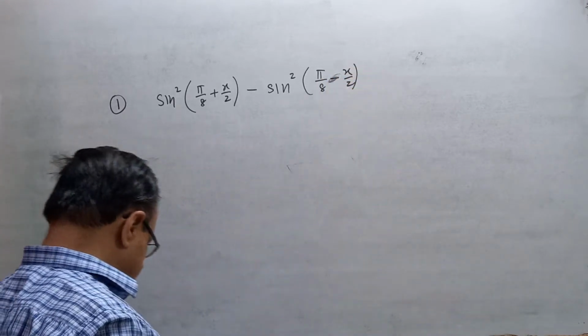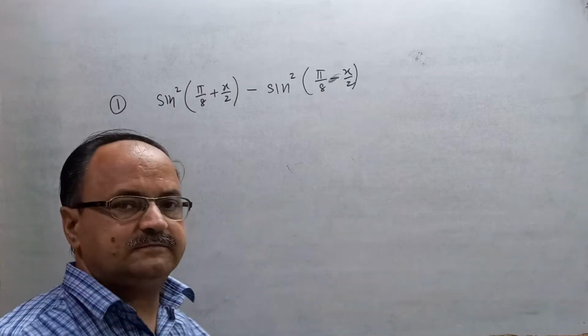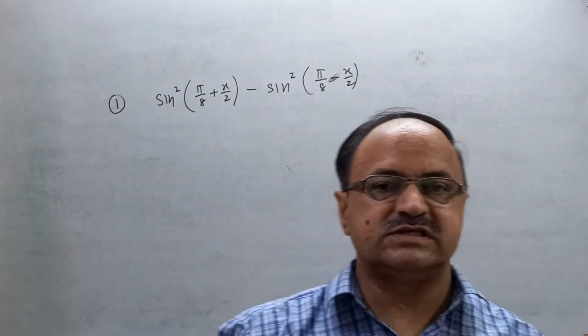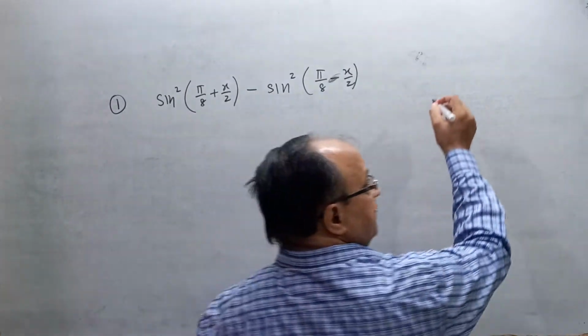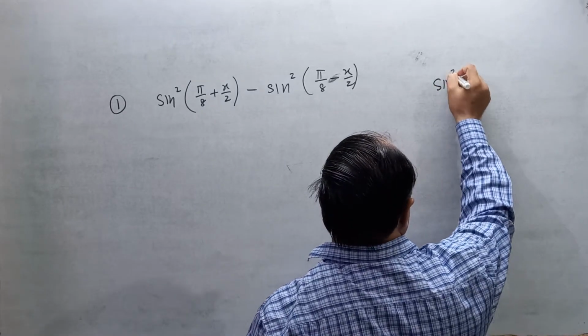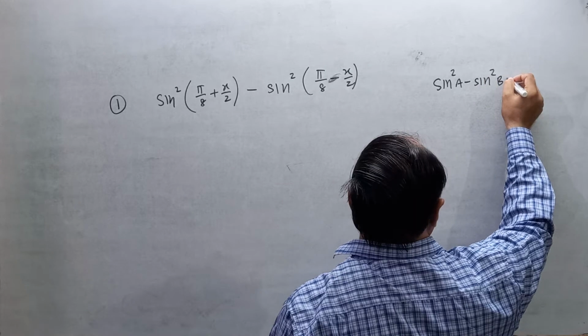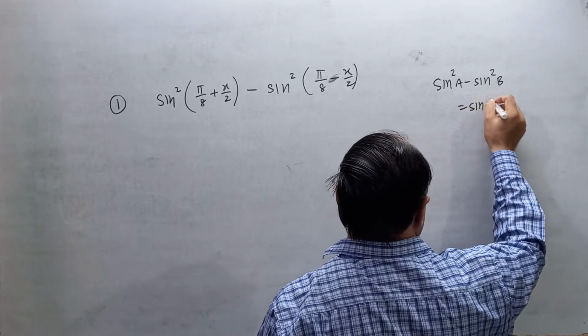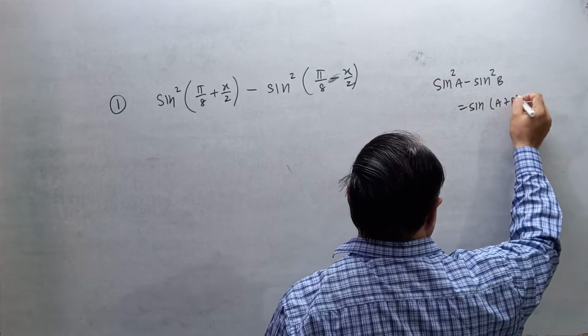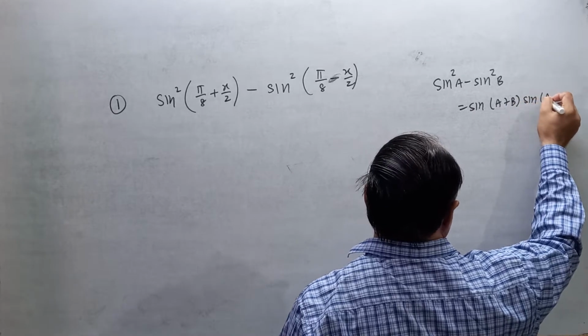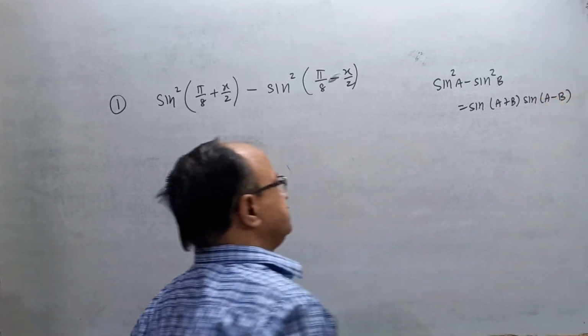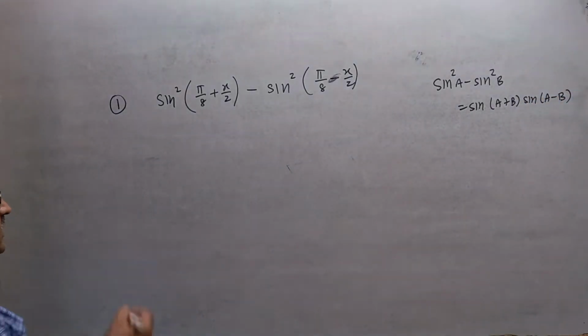This is the question. You know very well about the formula. Do you know the formula sine square A minus sine square B? Sine square A minus sine square B is equal to sine (A plus B) sine (A minus B). You can apply this formula in this question.